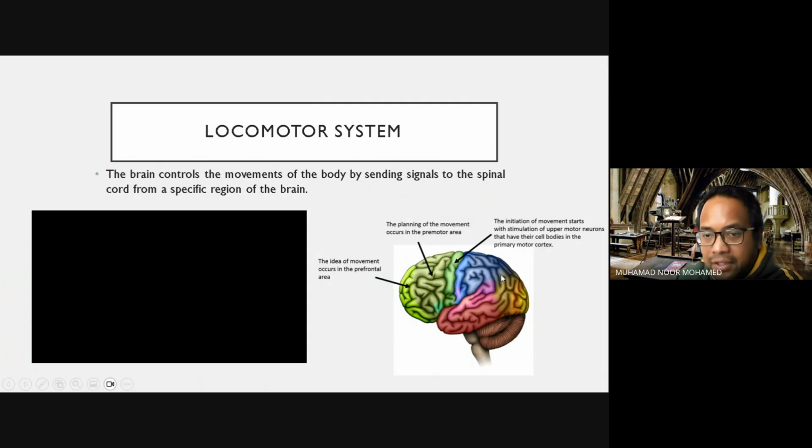From the brain, all the signals will be sent down through the efferent neuron to the working muscle. When we touch something hot, or see an obstacle in front, those signals will be sent to the brain through the afferent nerve.